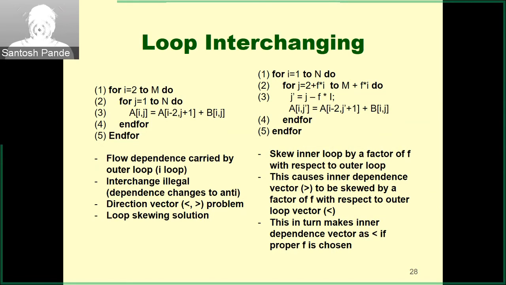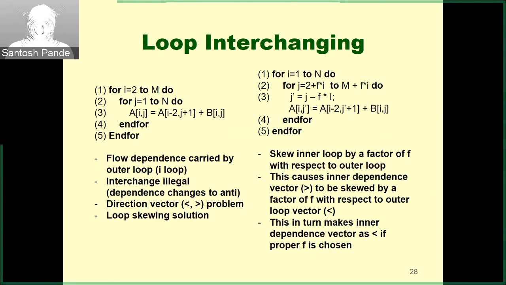And of course, the iteration space in the inner loop executes with the vector of greater than. So this is a flow dependence. The origination of the dependence is done by the I index variable, and after 2 iterations, it is consumed as a flow in the I dimension.